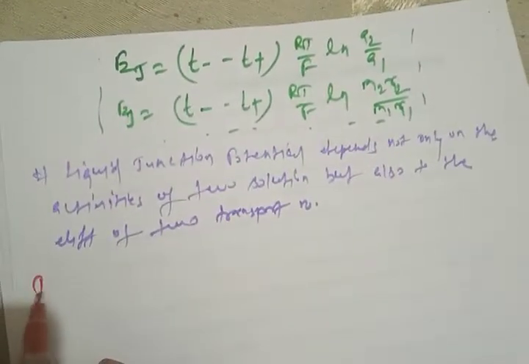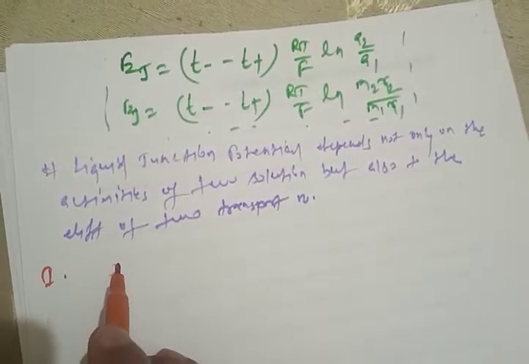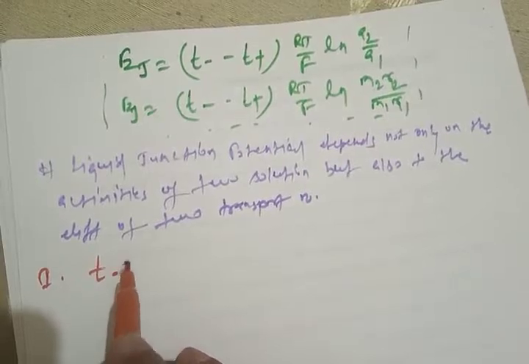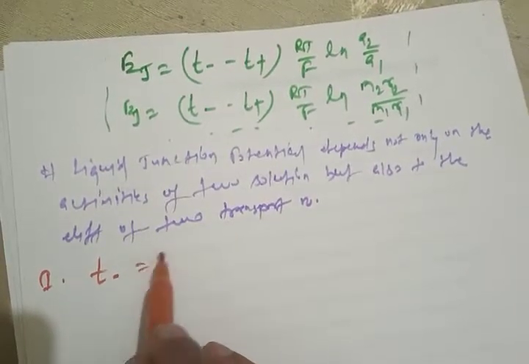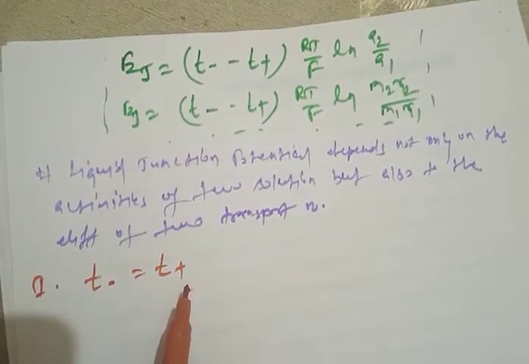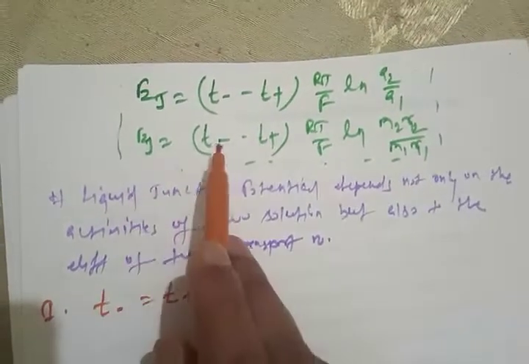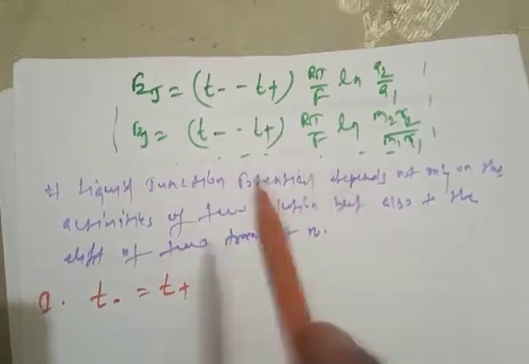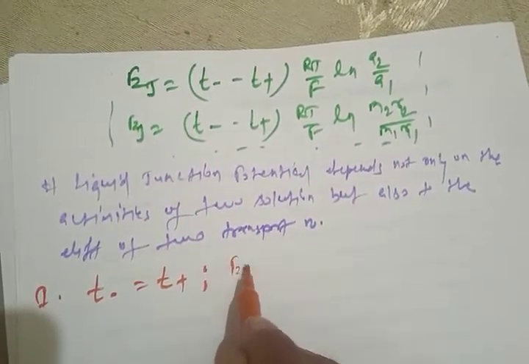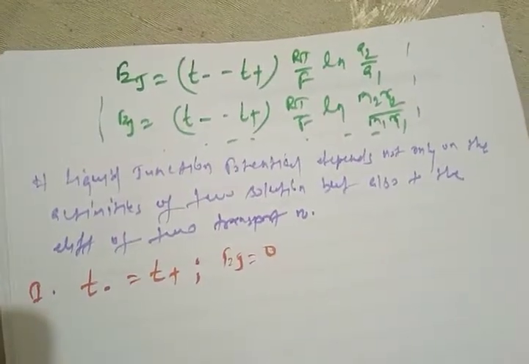The first case, if we have a value of t minus equals t plus. Okay, if t minus equals t plus, what will happen with this? Because this will become 0, so the whole will be 0. Then Ej equals 0.